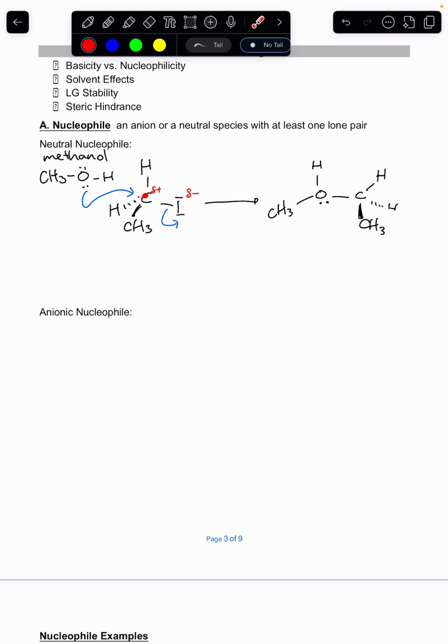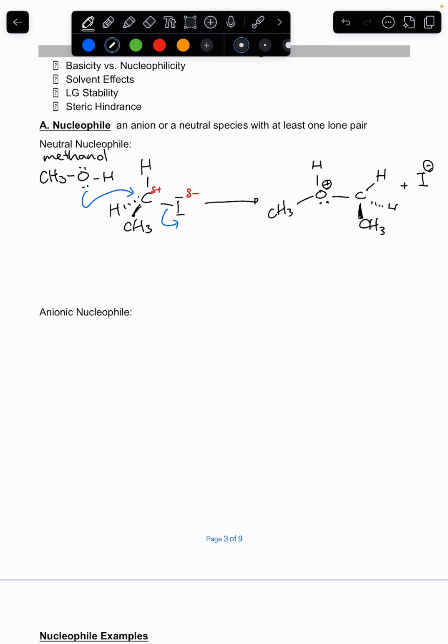Notice I tried to depict the inversion at this carbon. This inversion is like what happens if you are holding an umbrella in a windy place like Laramie: the umbrella flips over. That's what you should picture here. The leaving group in this case is the iodide. And don't forget the formal charge on this oxygen.